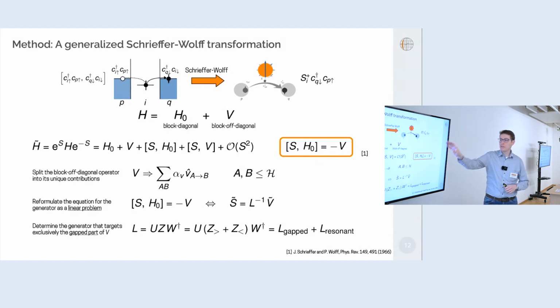And we take the Hamiltonian that basically is already block diagonal with respect to the symmetry. And then we split off the part that is block off diagonal, so that connects these different symmetry sectors. And now we want to come up with a unitary rotation that removes, at least up to first order, this part V and replaces it with corrections that are still block diagonal, but which incorporate this effect of V.